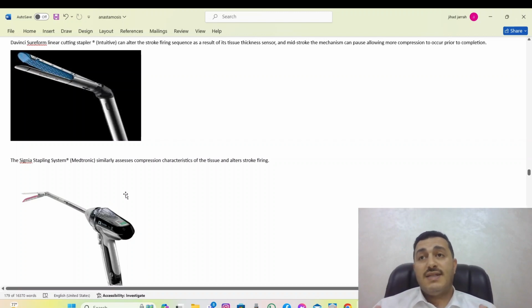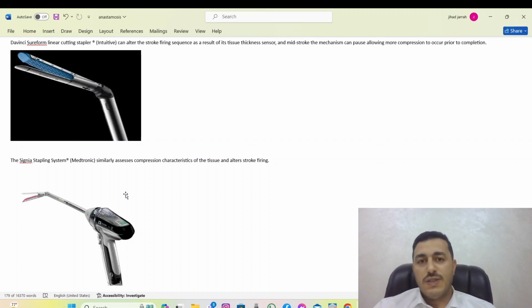When you use a stapler, you have to ask what stapler I have in my hospital, and I have to study or be familiar with this type of stapler before using it in the theater.